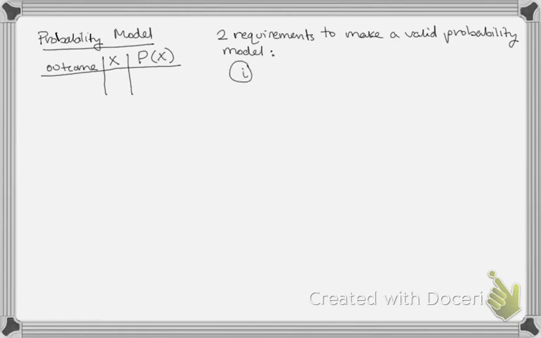The first requirement is that all of the probabilities that we have in the probability column, I'm going to write it in a little equation first, fall somewhere between 0 and 1, okay? So first I wrote that in an inequality, and then I'll write it in words right next to it, okay? All probabilities fall between 0 and 1, okay?